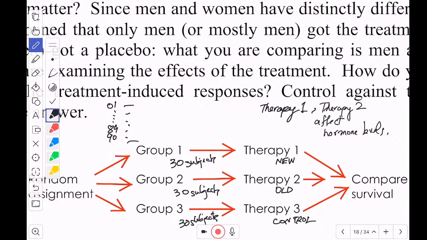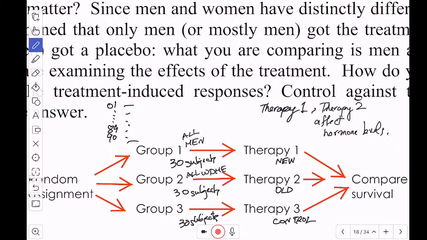So we know that by conducting the study in the way that I've proposed, we risk the possibility that only men are assigned to group 1, and then maybe only women are assigned to group 2.